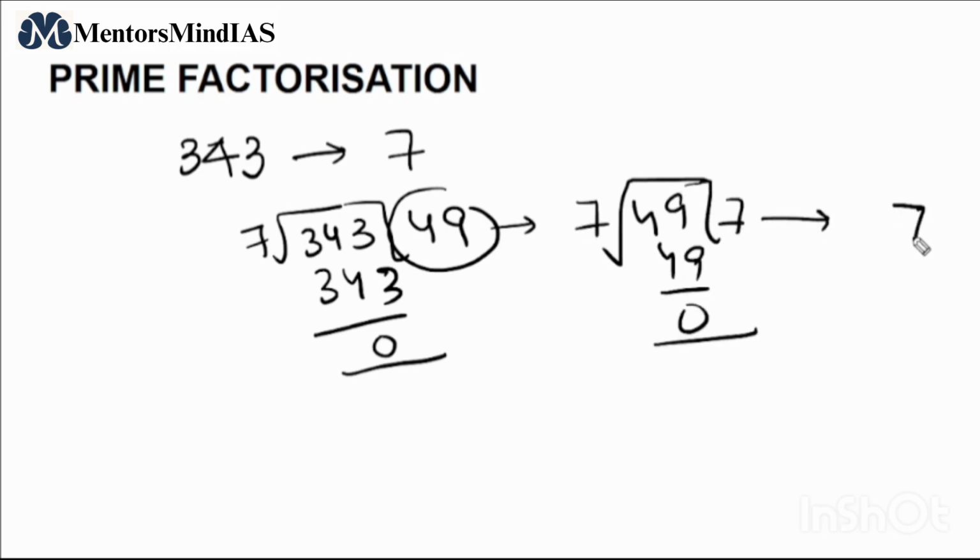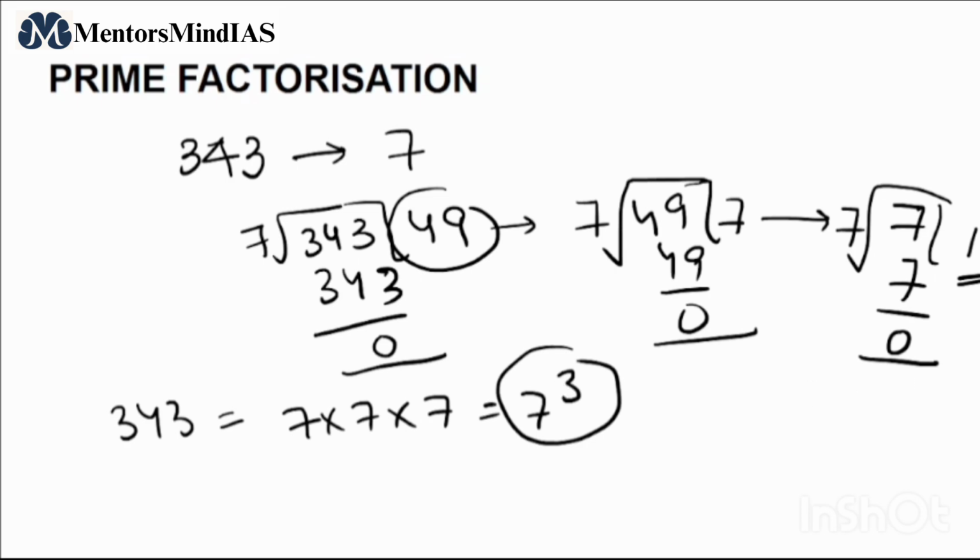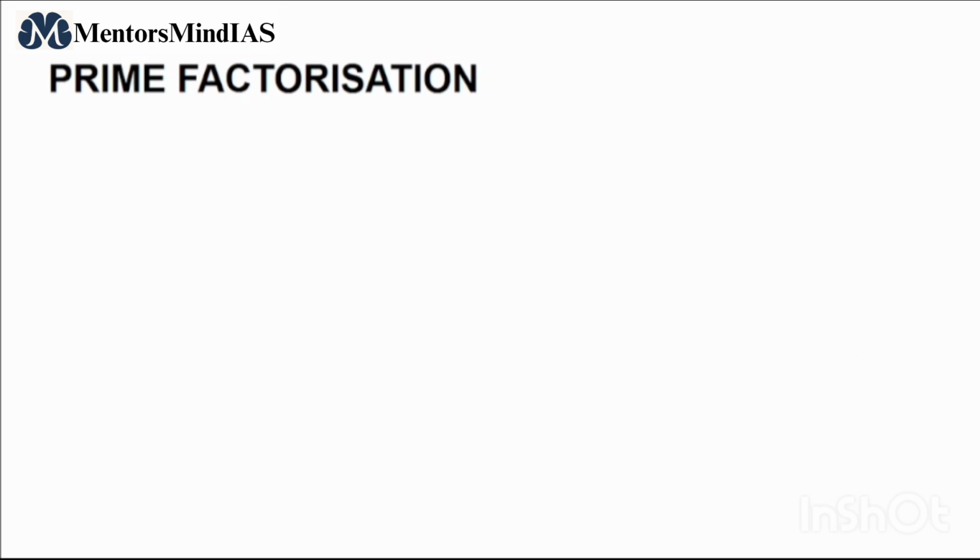Now again 7 divided by 7 gives 1. When the quotient comes 1, your prime factorization is over. So 343 can be written as 7 into 7 into 7, which is 7 cube. This is the prime factorization of 343. This was the division method.